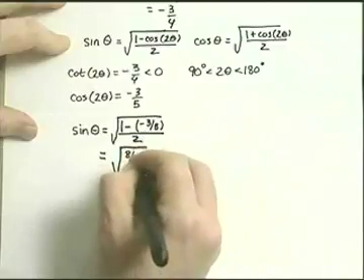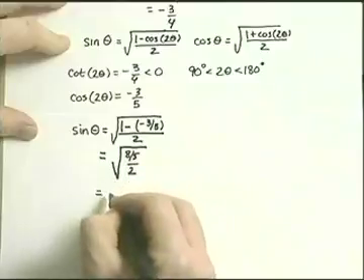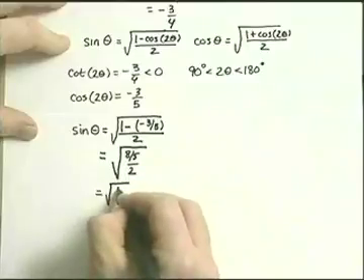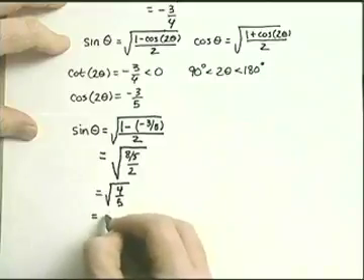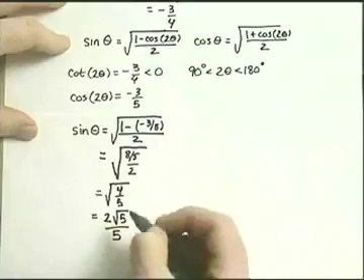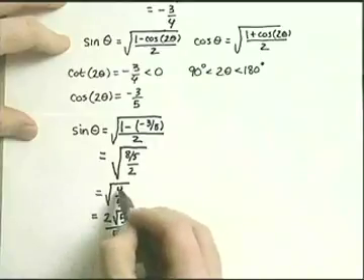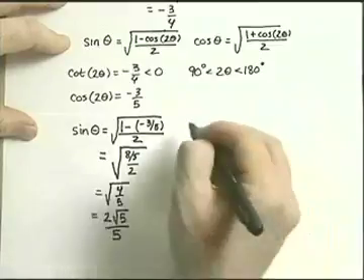That's going to be 8/5 divided by 2. 8/5 divided by 2 gives me 4/5 under the radical. So eventually I'm going to get 2 root 5 over 5, because the square root of 4 is 2, so I have 2 over the square root of 5, and then I rationalize my denominator.